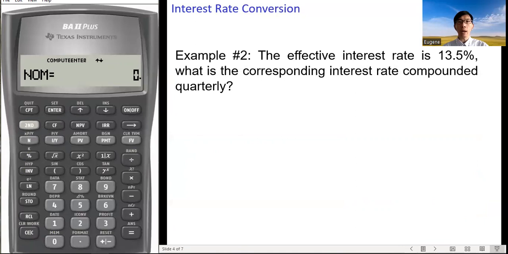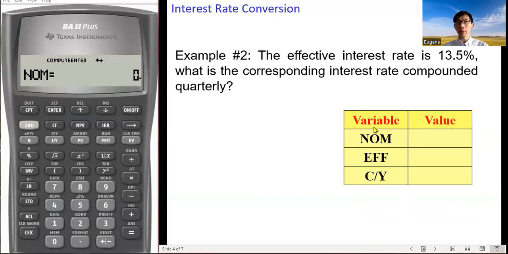This example provides the effective rate, and we need to convert it into a nominal rate, which is compounded quarterly. We need to compute the variable NOM. The effective rate is 13.5. The interest rate is compounded quarterly, so CY equals 4.